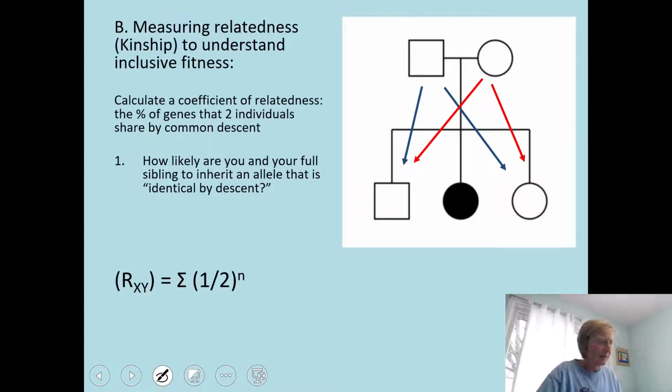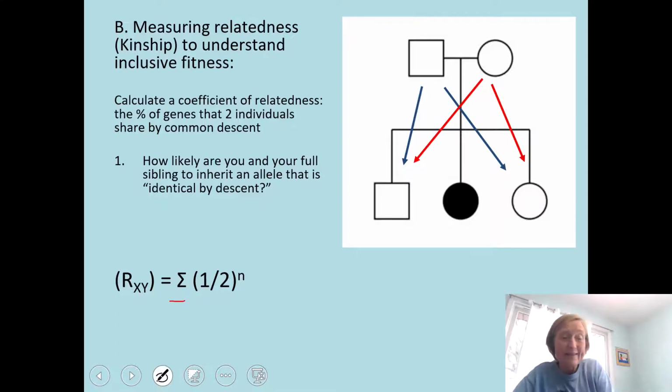Well, how do you calculate that? The coefficient of relatedness, big R, XY being the individuals, is equal to, and here we've got a term that you might not be super familiar with, the sum of, that's that funny E, right? The sum of 1/2 raised to the power n, where n is the length of the path.